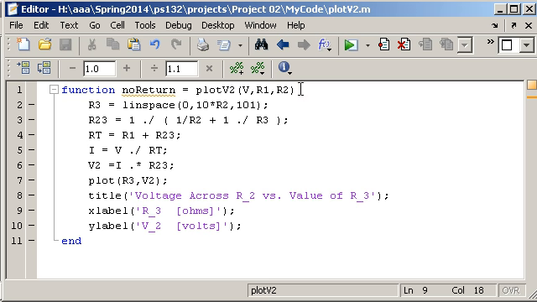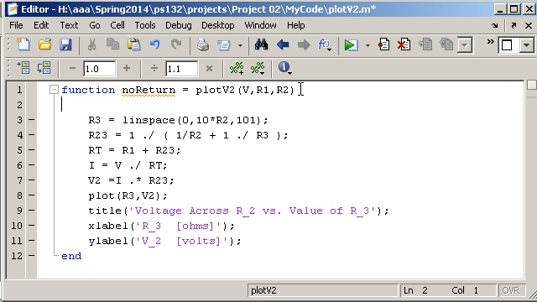Alright, now I'm going to go through the mental checklist. I've got to write comments saying what this function does.